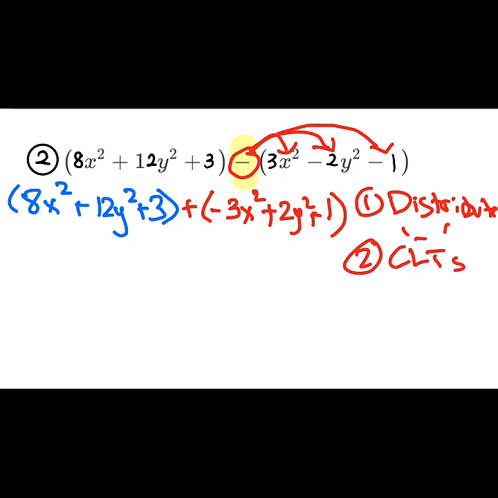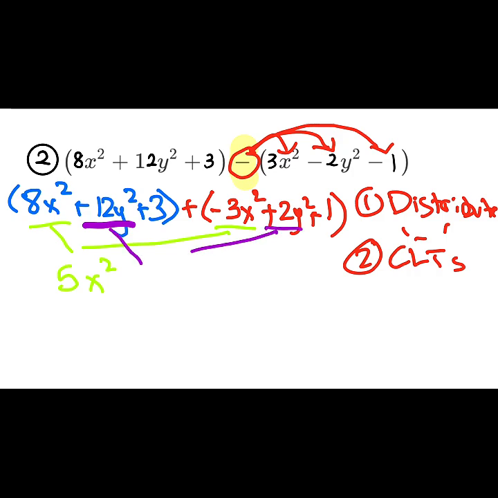Now you combine like terms. So let's do that. Our first term here is 8x squared. Can we combine that? Yes, we can. -3x squared. So 8 minus 3 is 5, and then x squared. That doesn't change. This isn't multiplication or division. Let's go to our next one now. 12y squared and 2y squared.